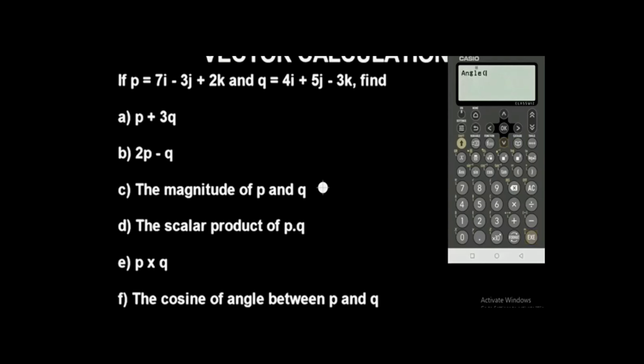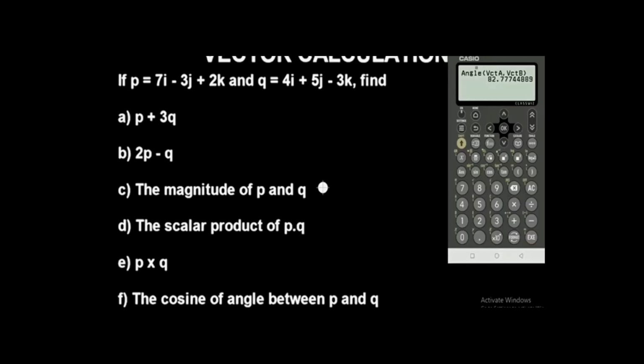So for the angle between vector P and Q, press catalog, vector A, which is vector P on this calculator, then you put comma, shift and this button, vector, go to catalog again, vector option, go to vector B, close the bracket. So that's it. Press execute. So we have the angle between vector P and Q to be 82.77 degrees if you are leaving it in two decimal places.